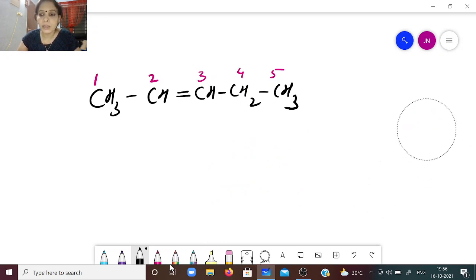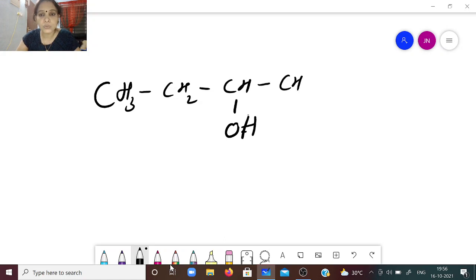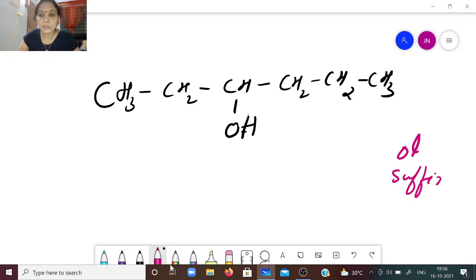Clear? Now, suppose this is the compound: CH3, CH2, CH, OH, CH2, CH3. Now this is the compound. So OH is the functional group here. OH means what will I write? OL. OL is the alphabet, and it should be a suffix.